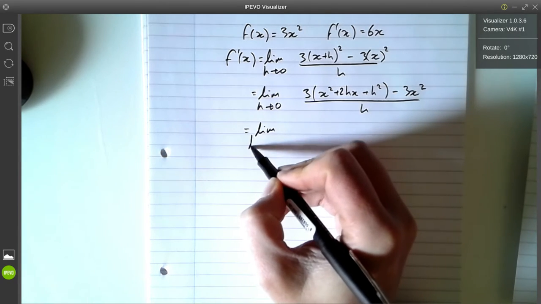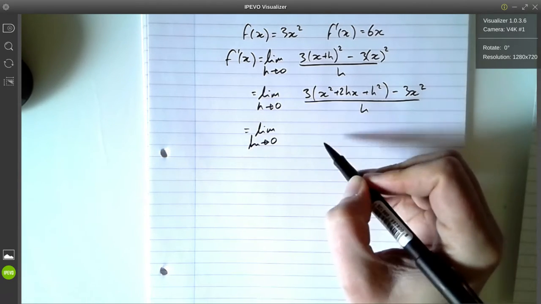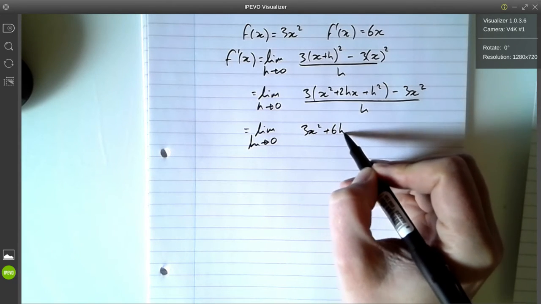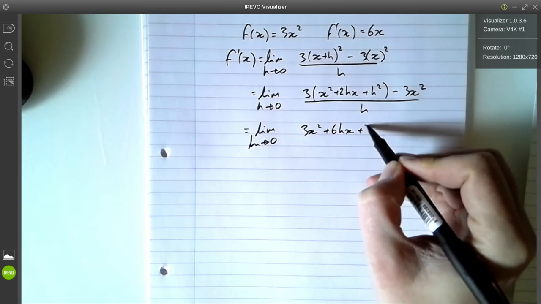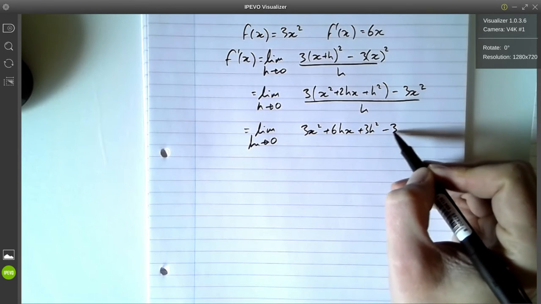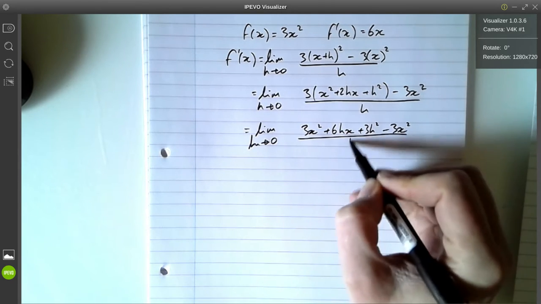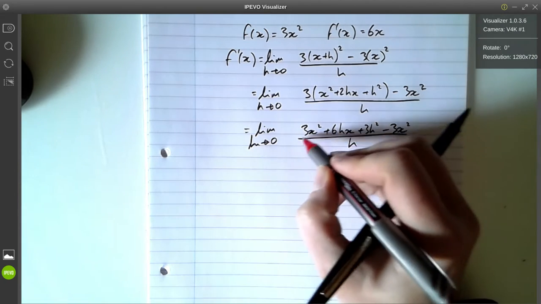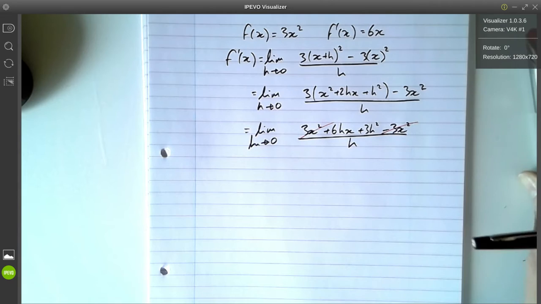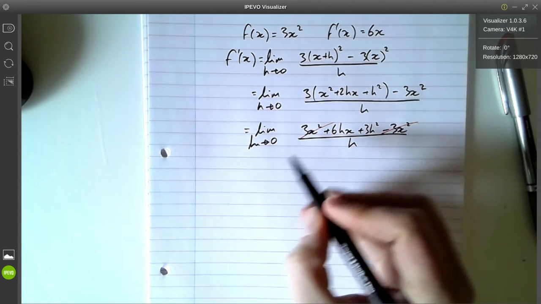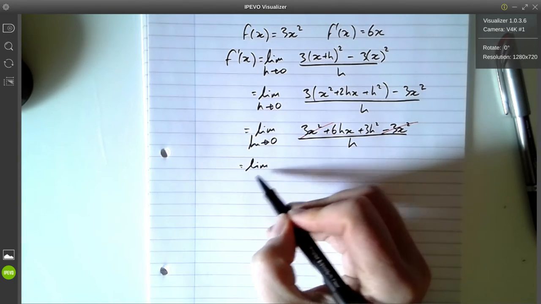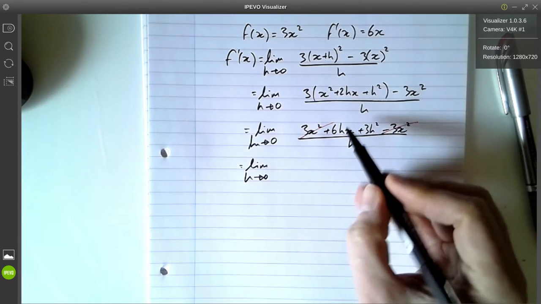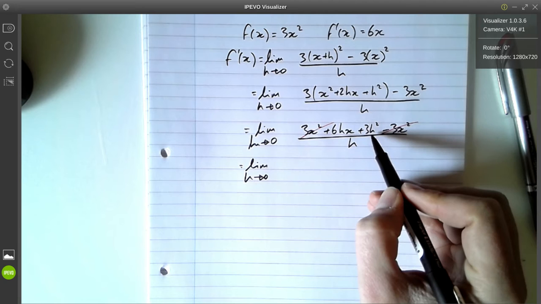Write my limit as h tends towards 0 every single time the same. So we've got 3x squared plus 6hx plus 3h squared subtract 3x squared all over h. We know that this is going to cancel out. So those cancel out there. Limit as h tends to 0, and I'm going to divide every single thing here by h.